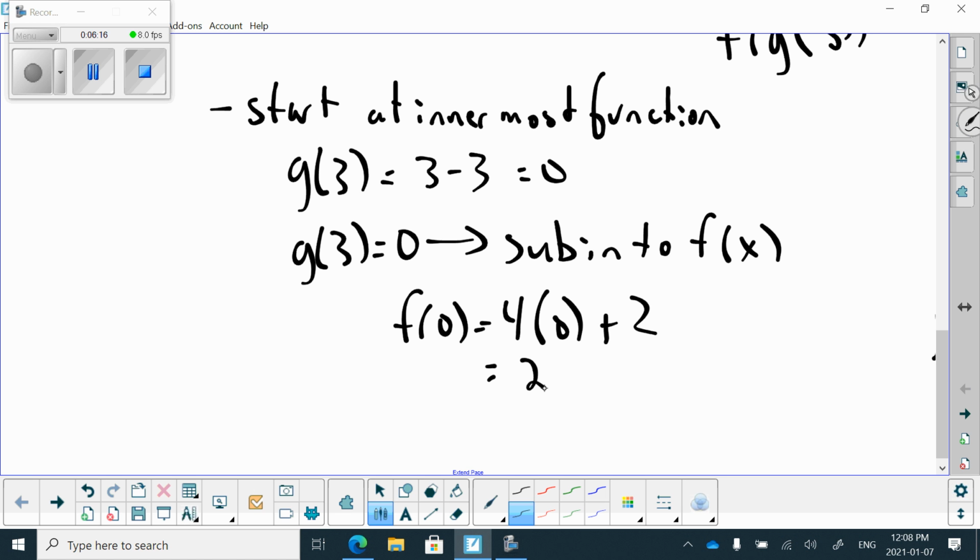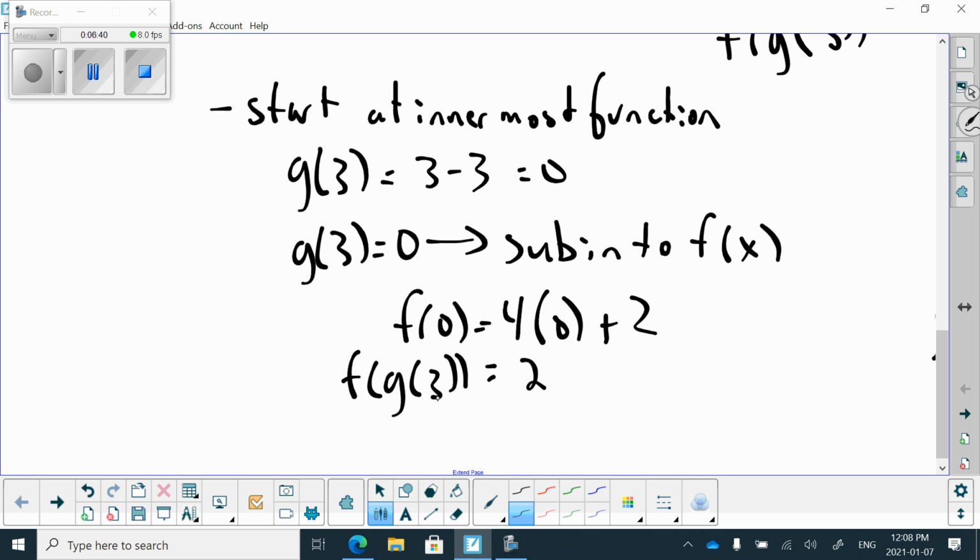So for your final answer, what we do is we write the original question. So we have f of g of 3 equals 2, is how it comes out. Good idea. Any questions on the first one?